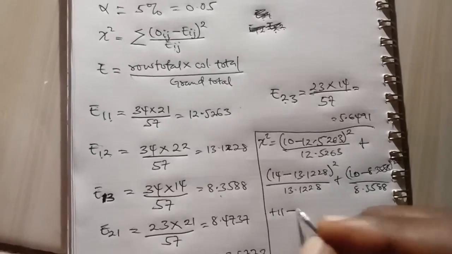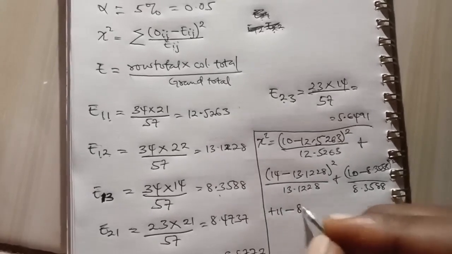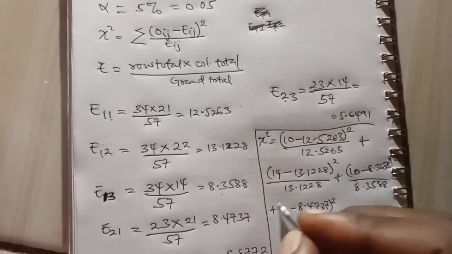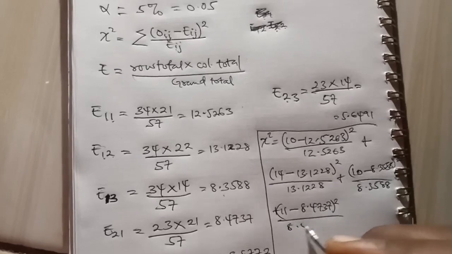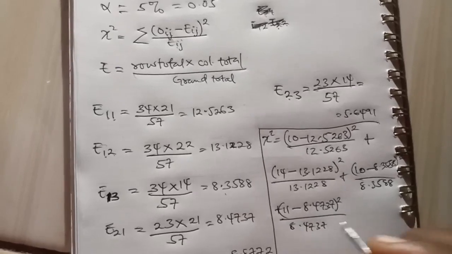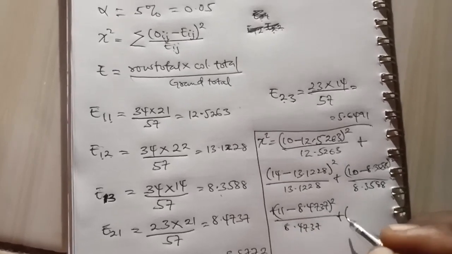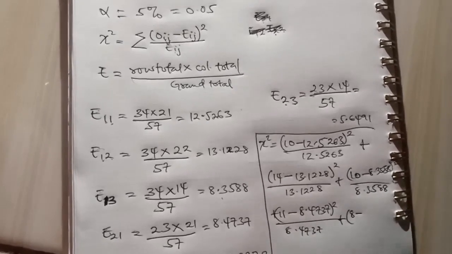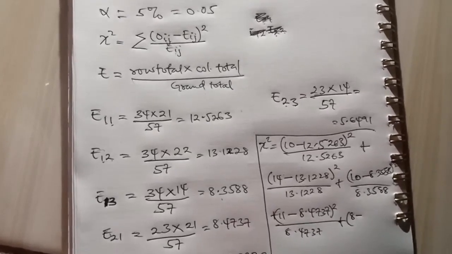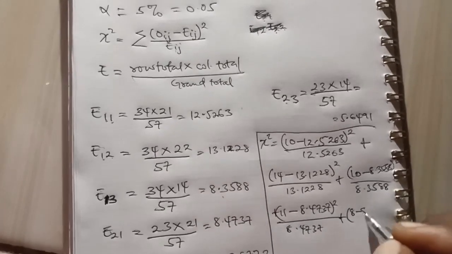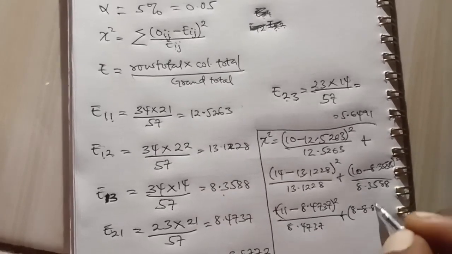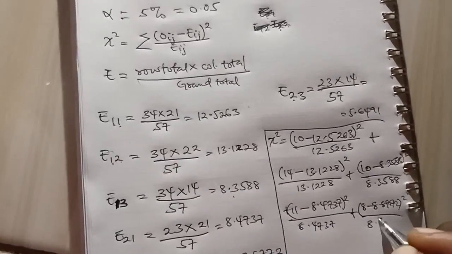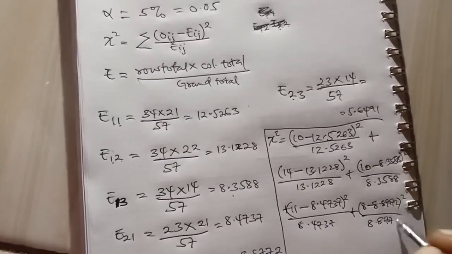So plus the next one in the table is 11. 11 minus the next expected, 8.4737, all squared over 8.4737, plus the next in the table, 8 observed minus the expected 8.8772, all squared over 8.8772.